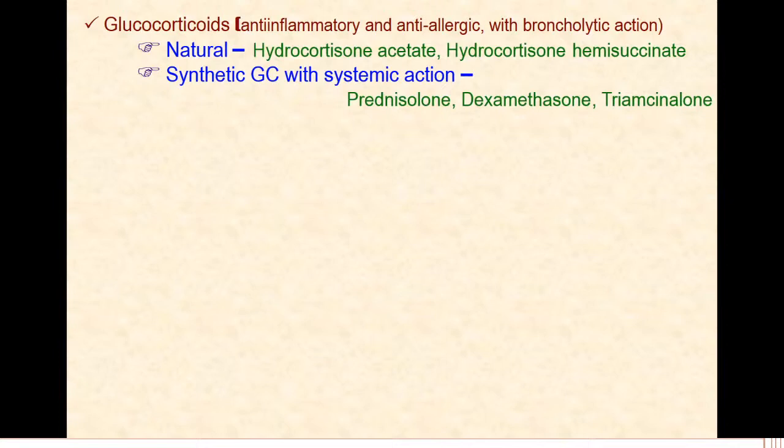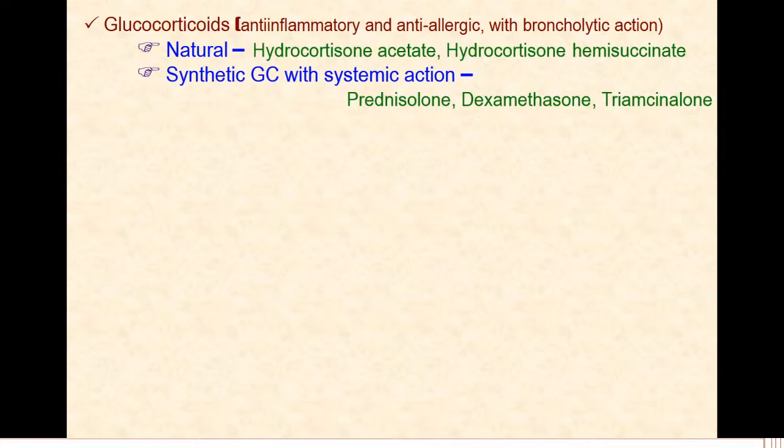First of all, these are preparations of glucocorticoids. Glucocorticoids are a group of hormones of the adrenal cortex. Glucocorticoids are counter-insulinic factors. They inhibit the influence of insulin.